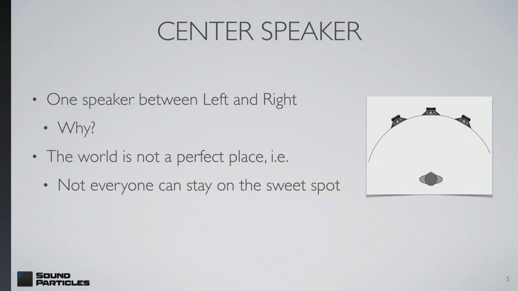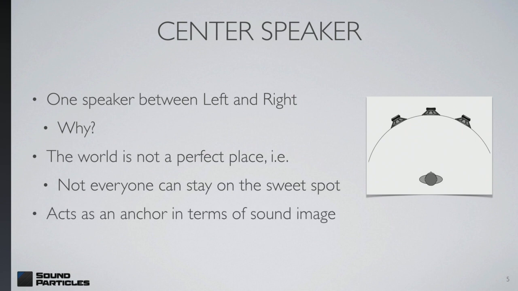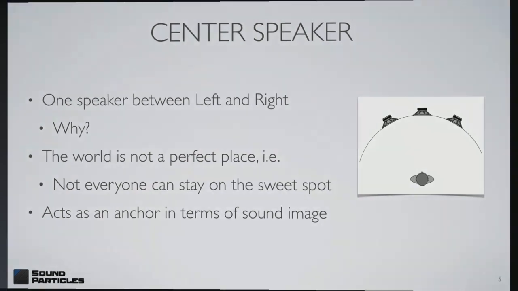Or if you are on the side of the sweet spot, you're going to get much more weight from the speaker that is near you. So by adding this central speaker, you are adding an anchor that gives you less distortion of the sound image.